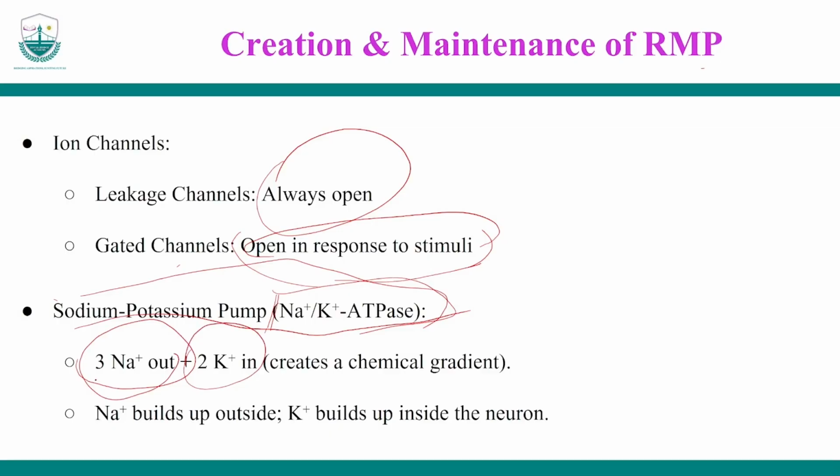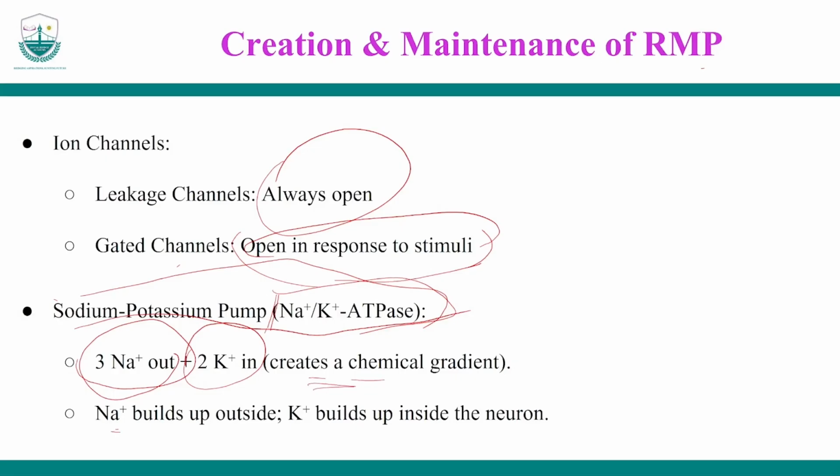And usually 3 sodium ions are moved out, and then 2 potassium ions move in. And this is a contributor to the chemical gradient that exists.